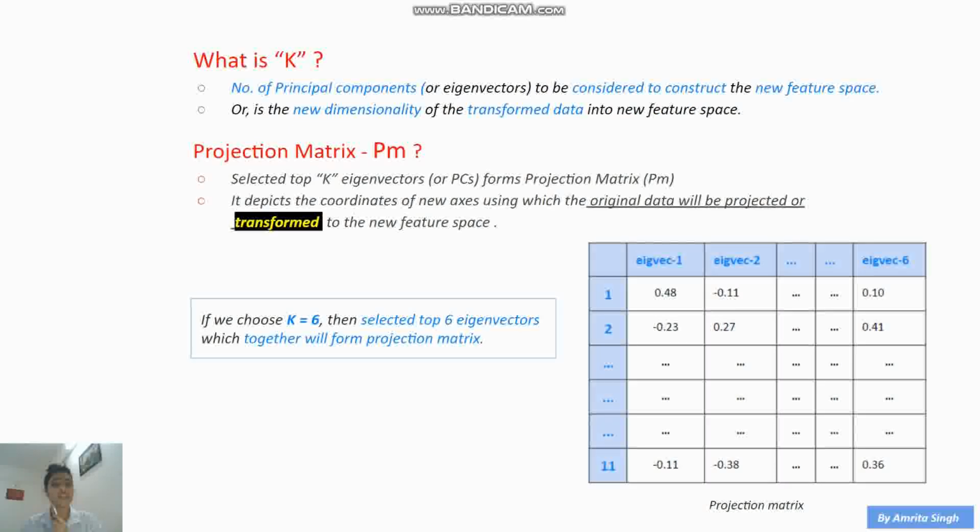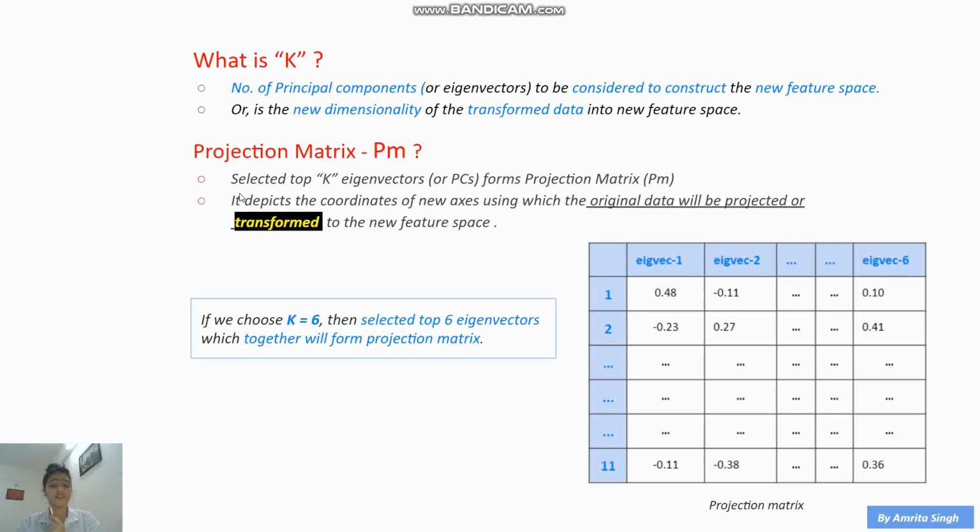Then what is a projection matrix? Suppose we have 11 sorted eigenvectors, and out of 11 we chose the top 6 principal components, or eigenvectors. Those 6 chosen principal components together form the projection matrix. You can see it will look like this in the table at the bottom corner.